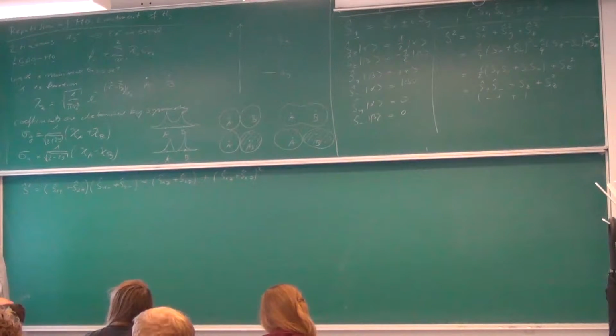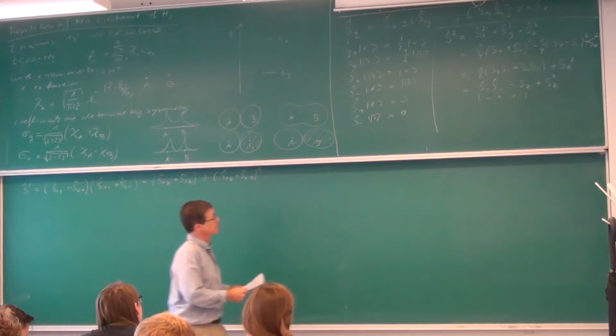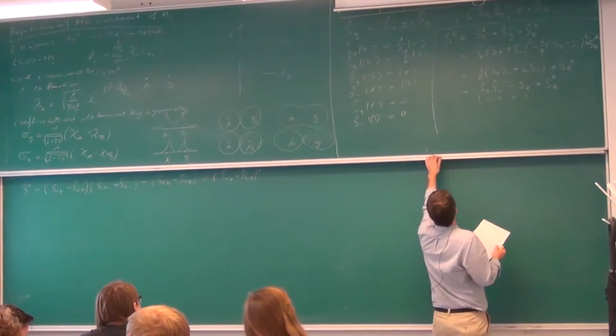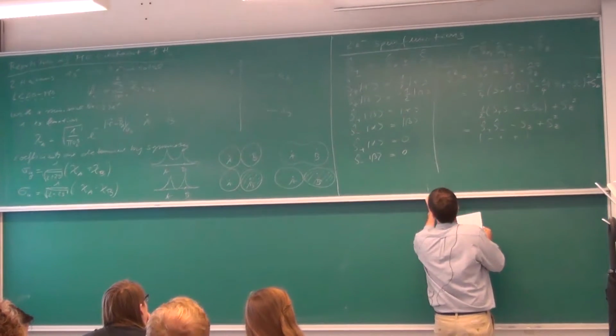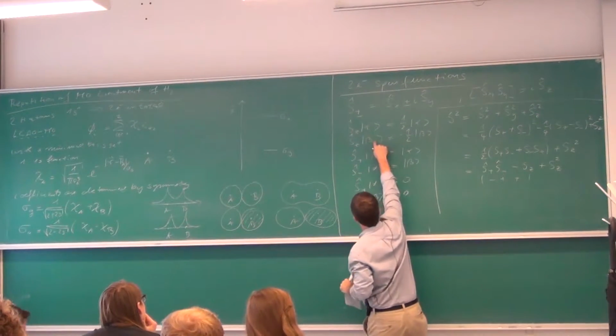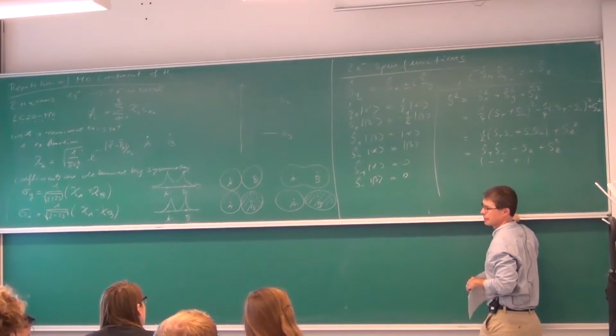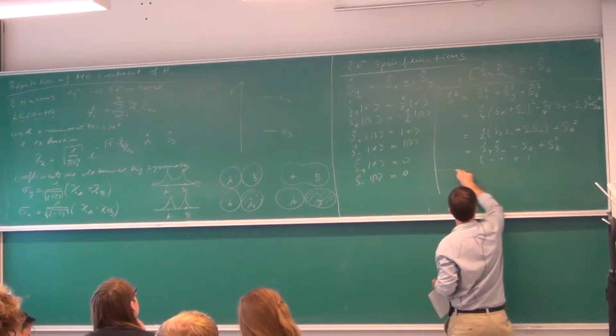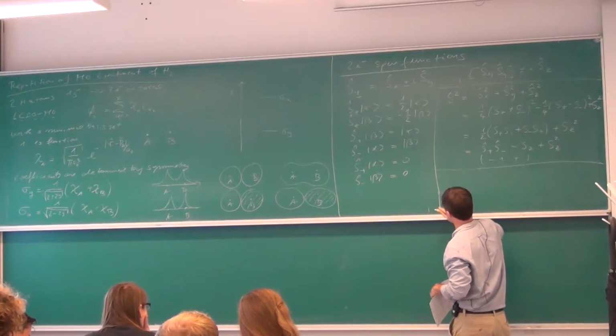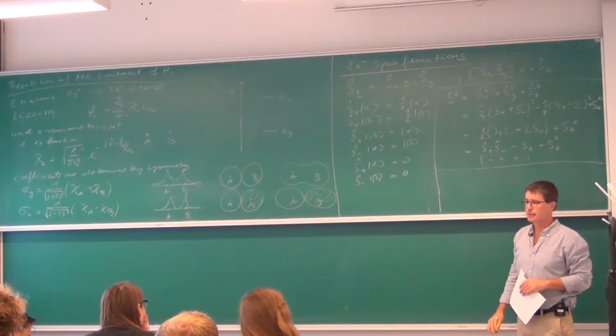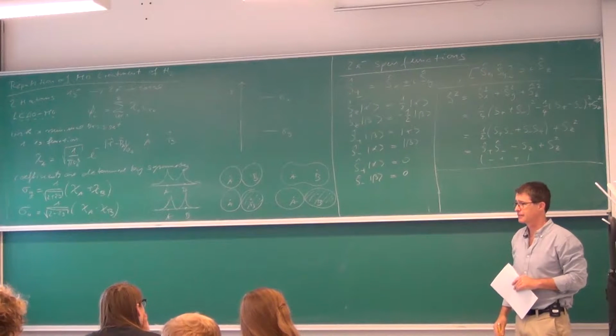Now what are two-electron spin functions? The one-electron spin functions are alpha and beta. And for two electrons, I guess we have, in principle, four possibilities.